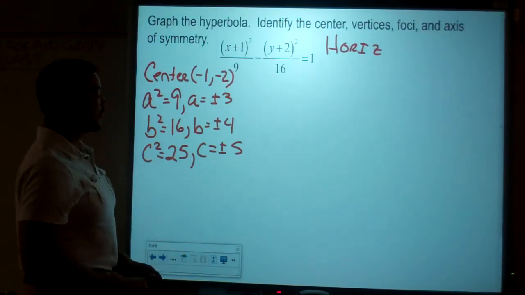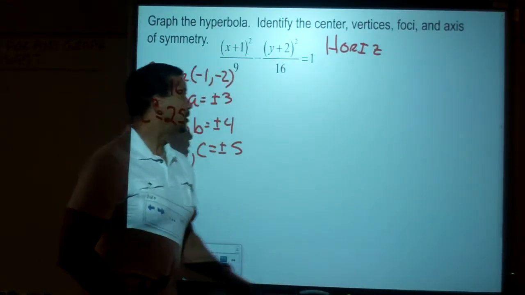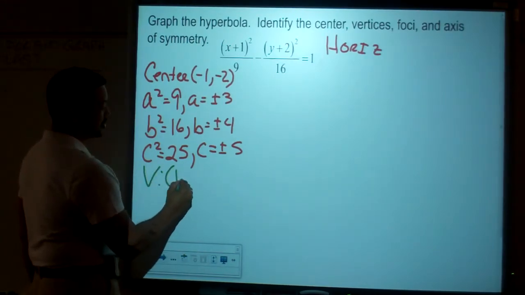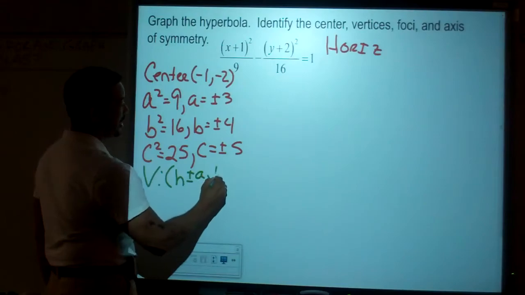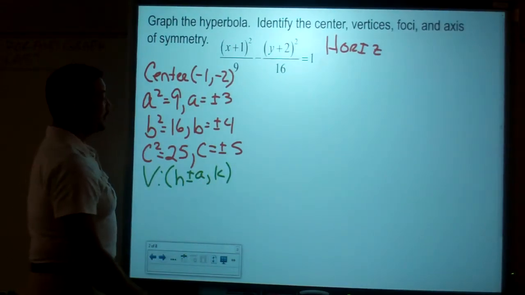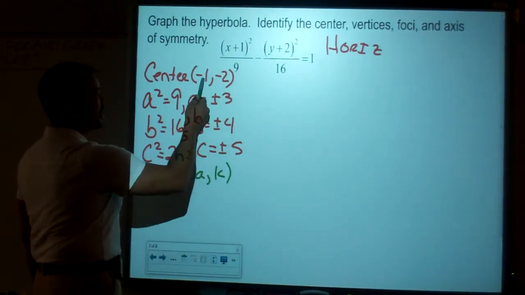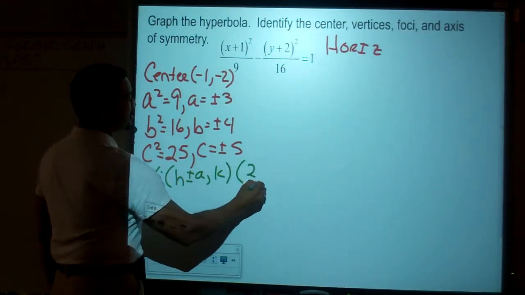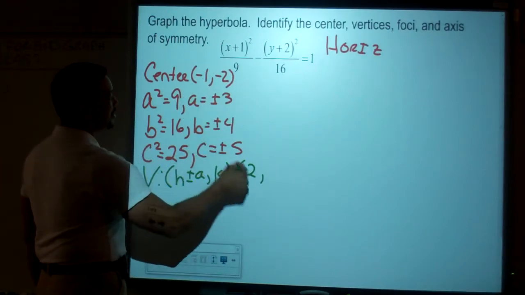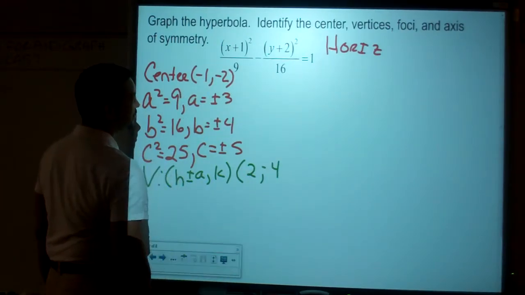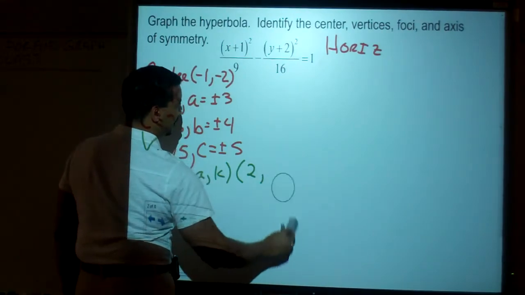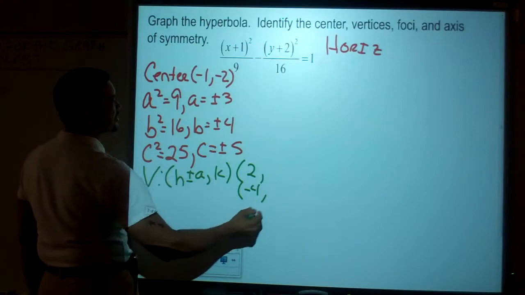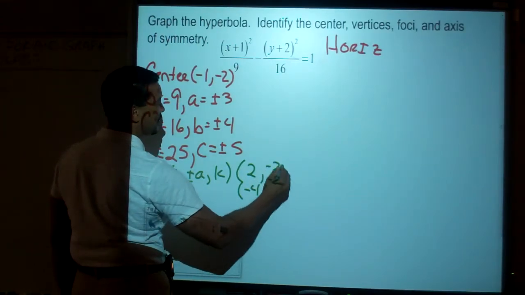Now from here, we can find our other things that we need. Our vertices are going to be h plus and minus a, and k, since it's horizontal. So if we do our -1 plus 3, we're going to get a positive 2. We do our -1 minus 3, we get -4. And of course, our k is the same for both, so we've got -2 and -2 there.